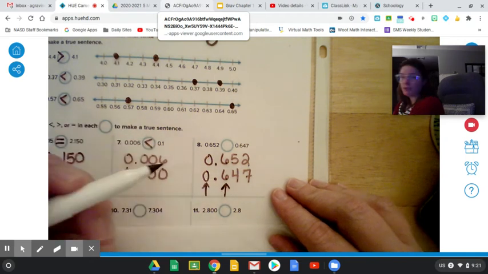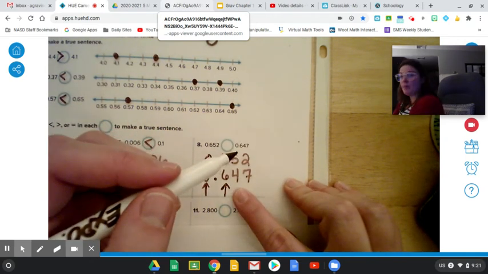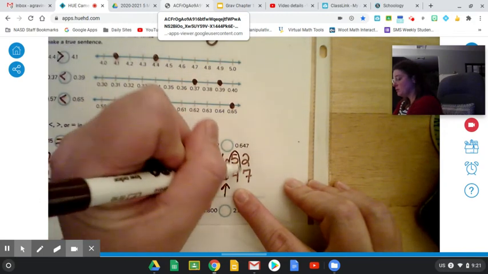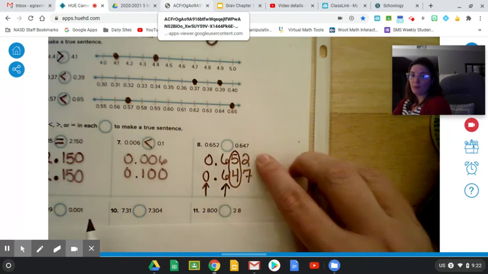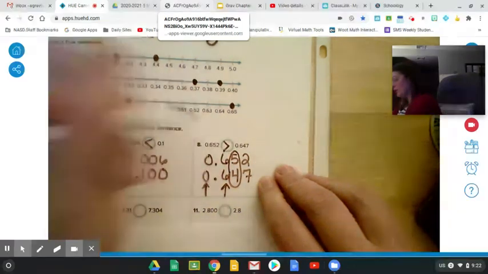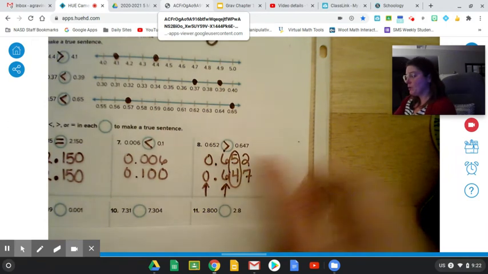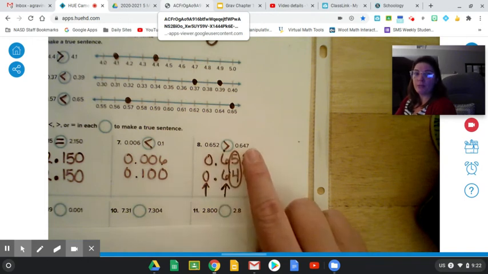My tenths place is the same, and that's not helpful. My hundredths place has a difference. 5 is greater than 4, which means this first number is greater than the second number. Pac-Man eats the greater number. So 0 and 652 thousandths is greater than 0 and 647 thousandths.